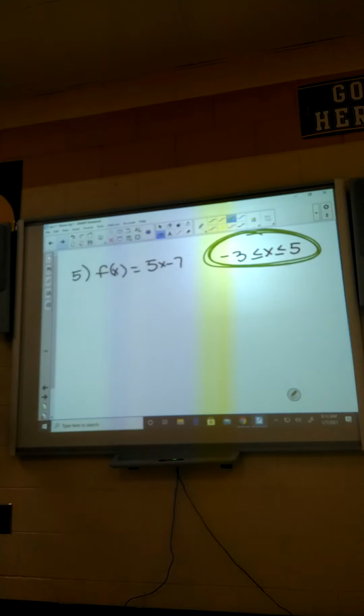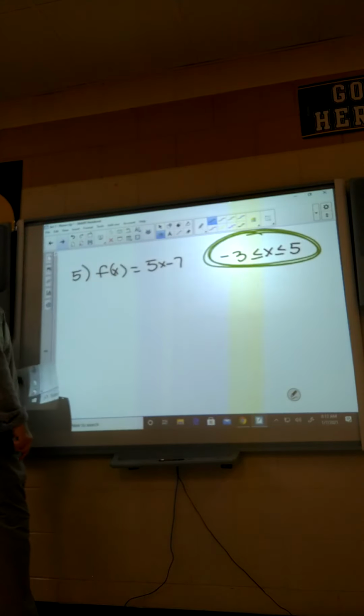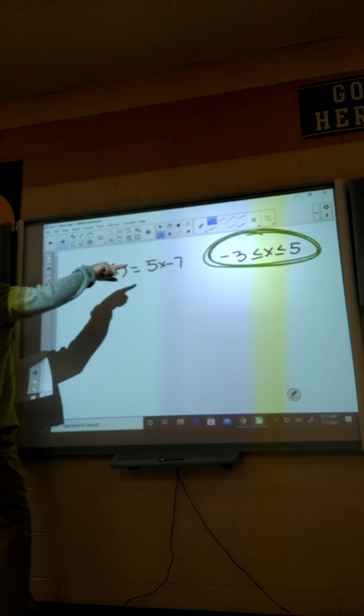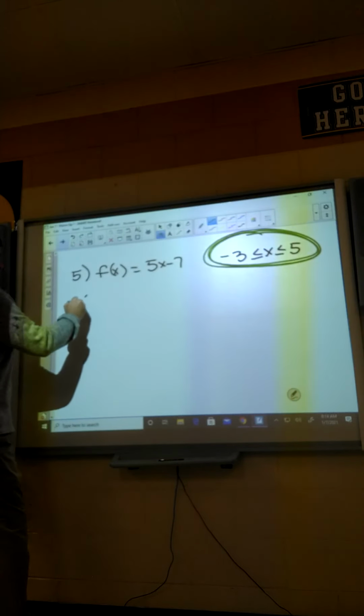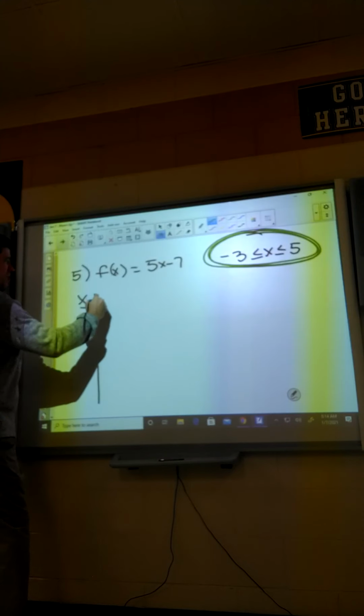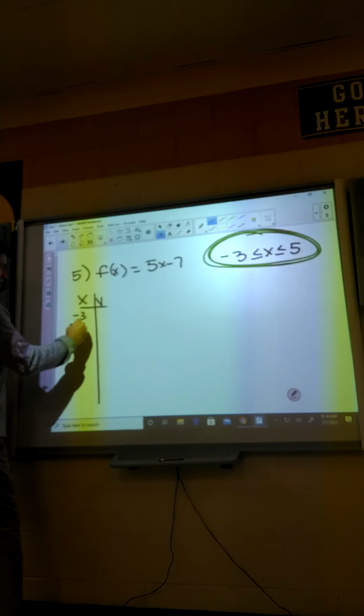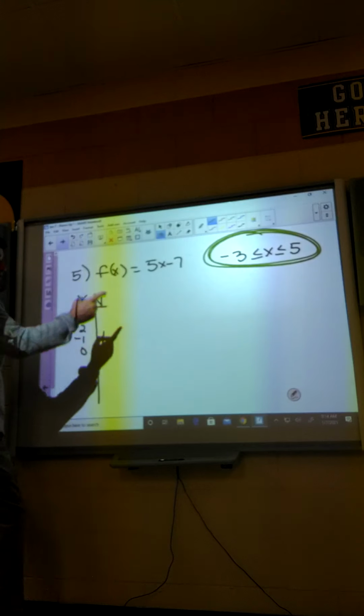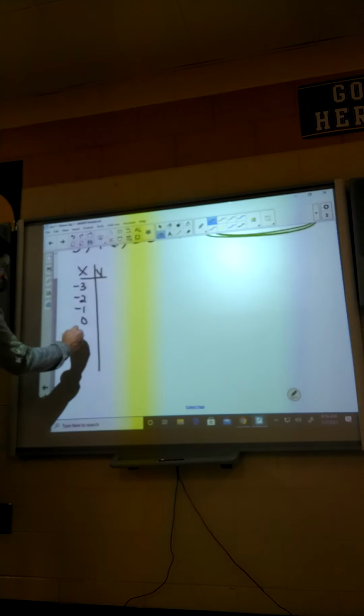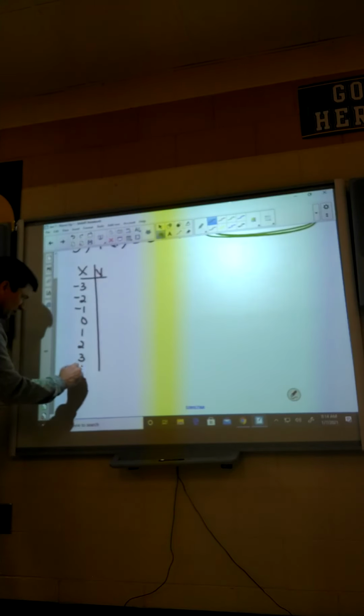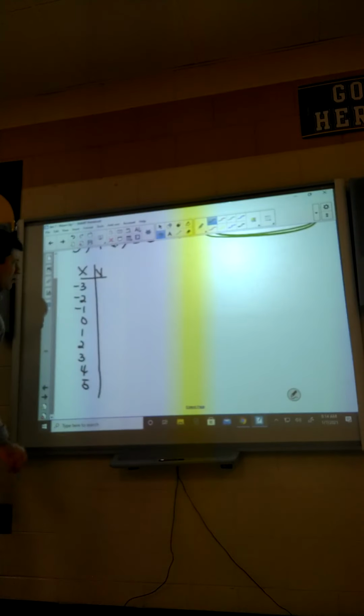What does that mean? That means they want us to find the answers for every number starting at -3 and going to 5. So yesterday I think we just did an XY chart. -3, -2, -1, 0. We got to go all the way to 5. That's going to be a lot of numbers. 1, 2, 3, 4, 5. All right, so set this one up.